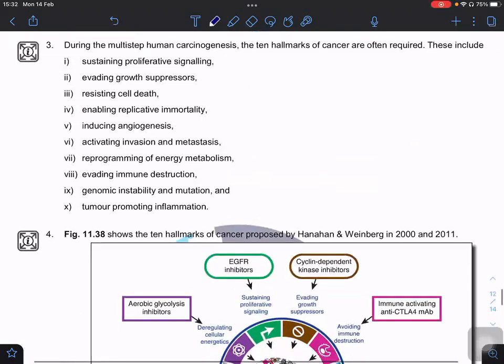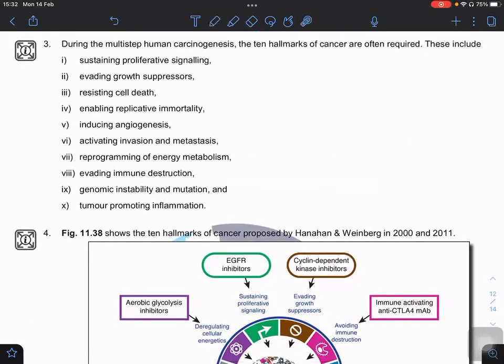During the multiple steps in human carcinogenesis, we have 10 hallmarks of cancer that often require this. Out of so many, a very important one, guys, highlight this: enabling replicative immortality. This is due to the activity of telomerase.